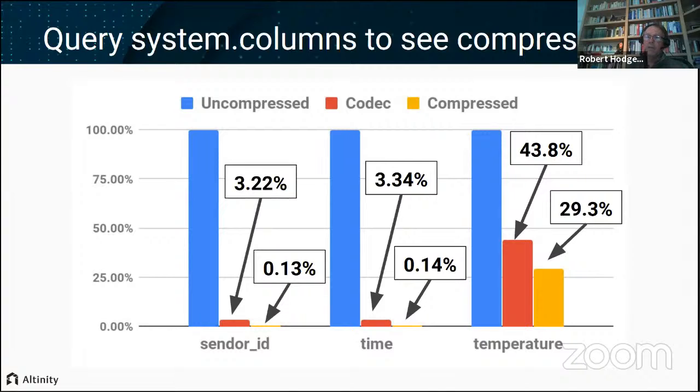It's really impressive. Temperature, which is stored as a decimal, doesn't compress so well. Hey, nobody's perfect. But this is one of the big reasons why ClickHouse can do these big scans so fast, because the amount of data it's actually reading is very, very small. Thinking about compression and getting it to work is something you really want to do.